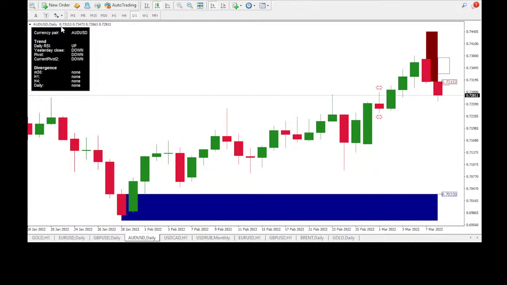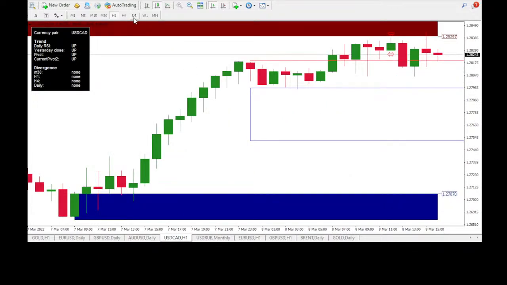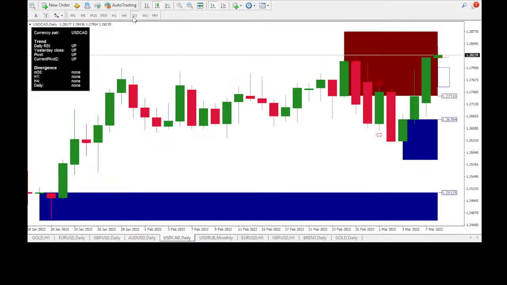For me, Aussie dollar is not very attractive for trading, and the same thing I can tell for US dollar CAD. Right now, I can see a moderate range market movement, and I don't like to enter into a trade right now. There are no big important levels here that we need to monitor, so avoid these two currency pairs.